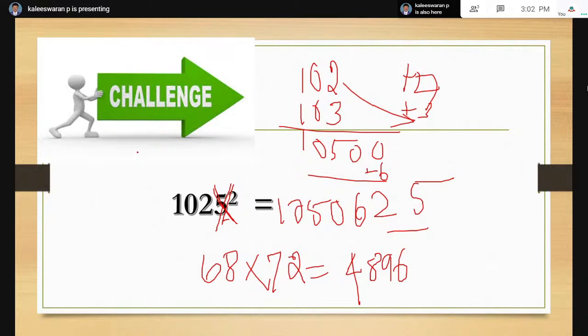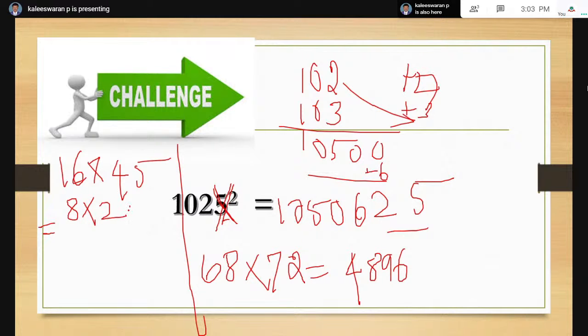Some more examples. What is the value of 16 into 45? Instead of multiplying 16 times 45, we can write 16 as 8 into 2. 8 into 2 into 45.